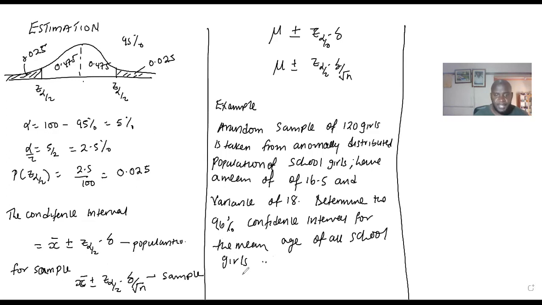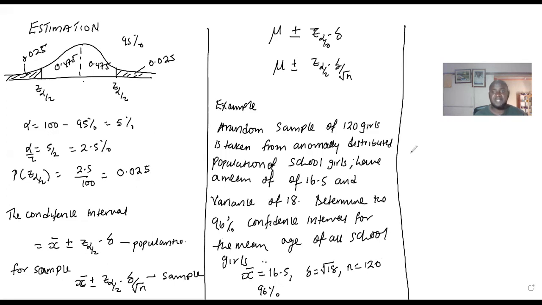Okay, so X bar is our mean, which is 16.5. What else has been given? Sigma is root of 18. The sample is 120. We are at 96% confidence.